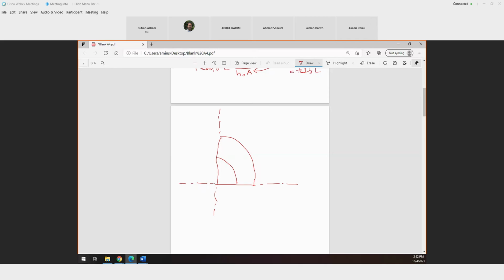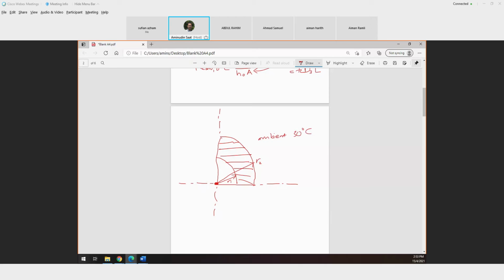Okay, so this is the center part. Let's say we only have one layer, one hollow cylinder. So you have R1 here, and then you have the R2 here. Okay, so this is the ambient at 30 degrees Celsius.